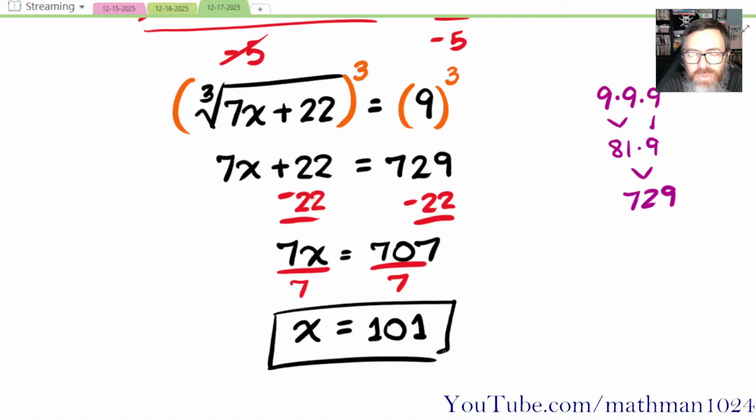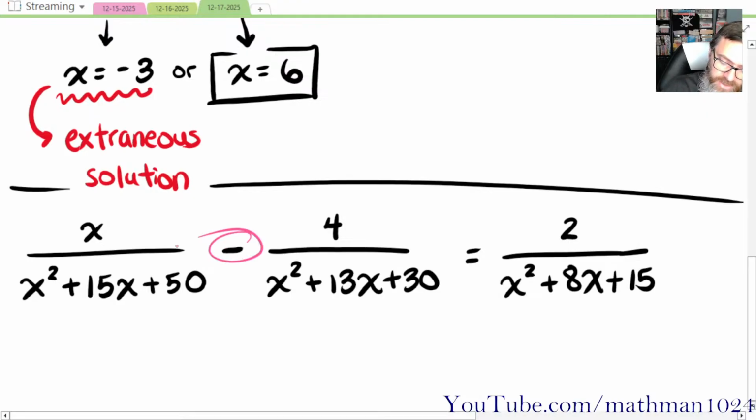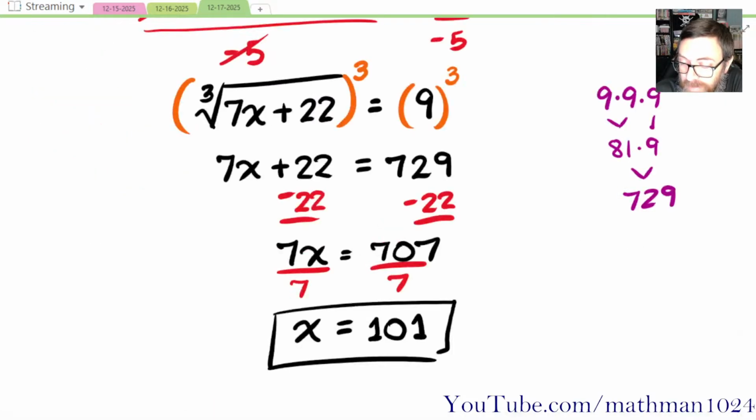Make sure that you distribute correctly and carefully, especially when it comes to signs, especially there in the middle when you got the -4. That's on the previous problem, or this one right here. Did you pay attention to the negative, and did you distribute this as a -4? Perhaps not. I'm just guessing.